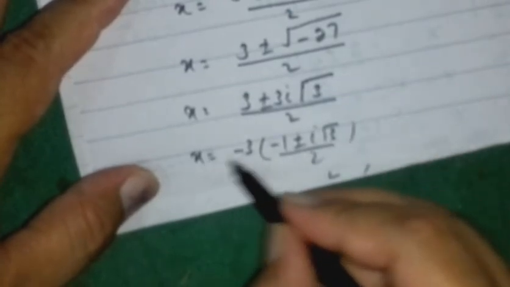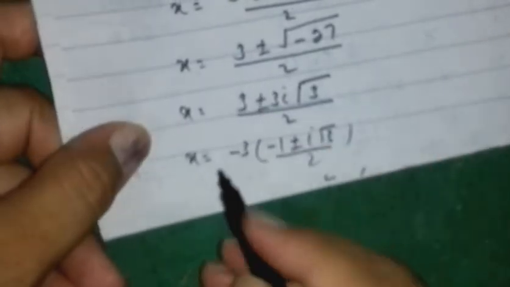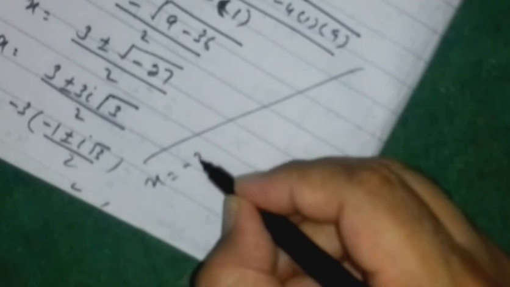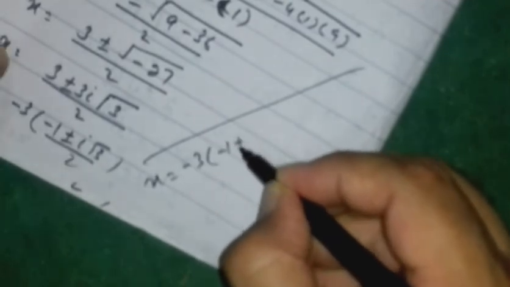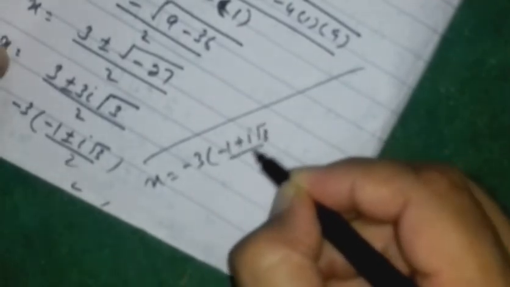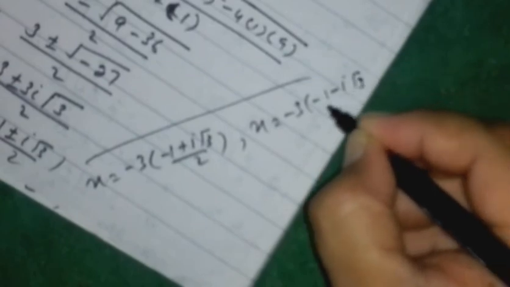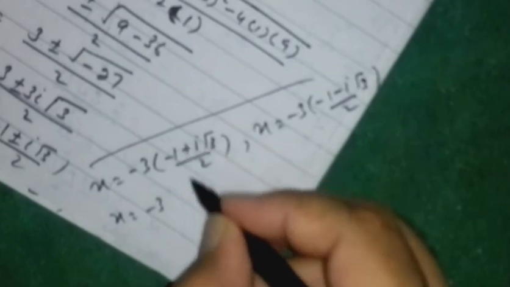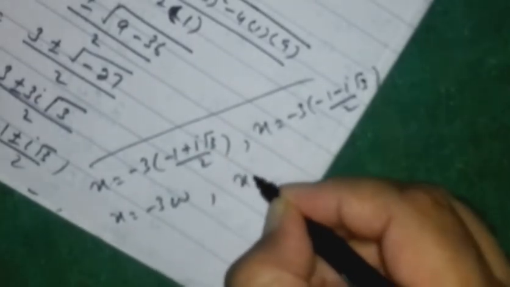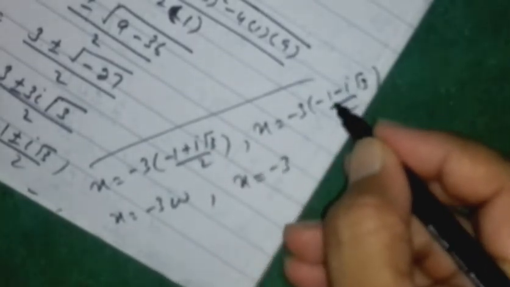So here we can write it as x equals minus 3 times minus 1 plus iota under the root 3 divided by 2, and x equals minus 3 times minus 1 minus iota under root 3 by 2. So x equals minus 3, this is omega, and x equals minus 3 times minus 1 minus iota under root 3 by 2 is omega square.